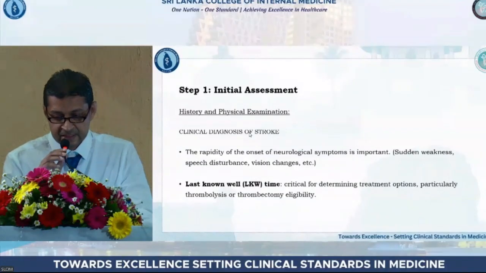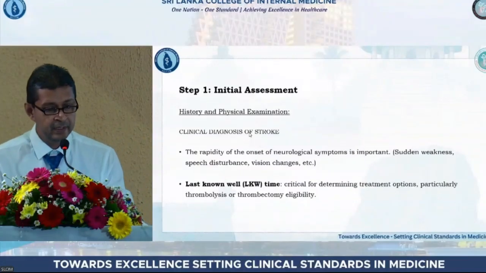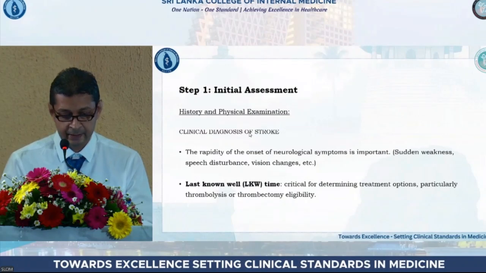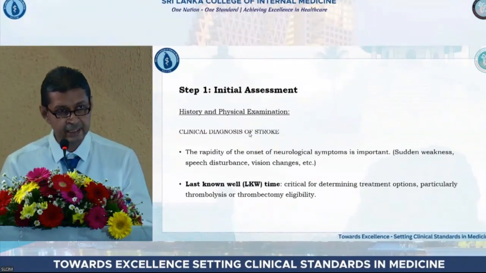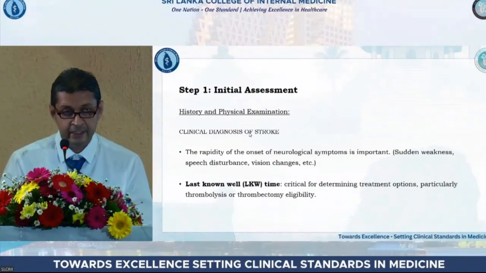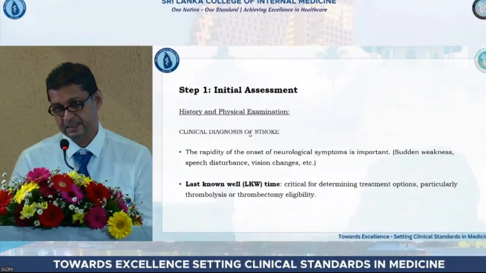As the first step, a quick history taking and a focused physical and neurological examination should be done. The most important thing is the clinical diagnosis of stroke. For that, we need to assess the rapidity of the development of the symptoms.